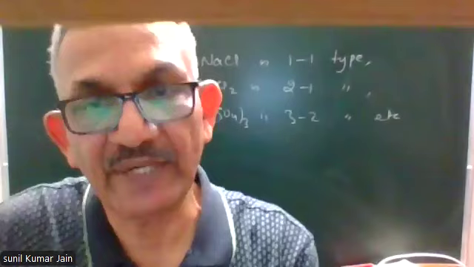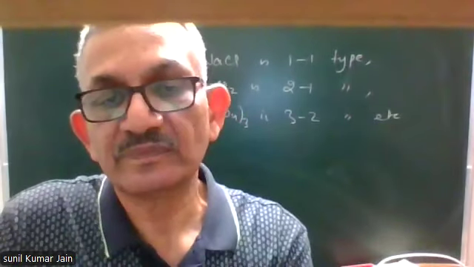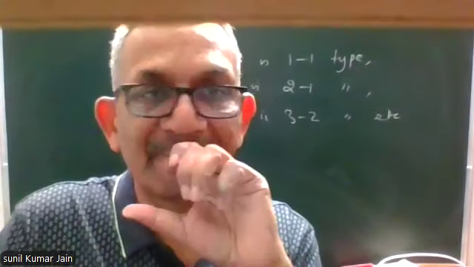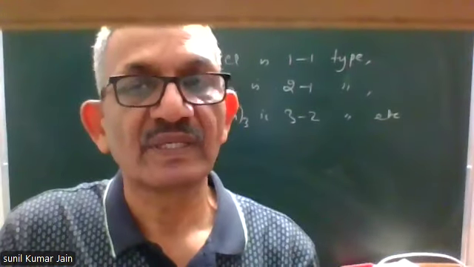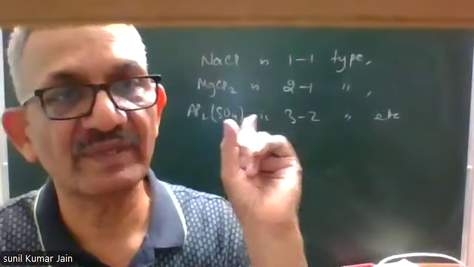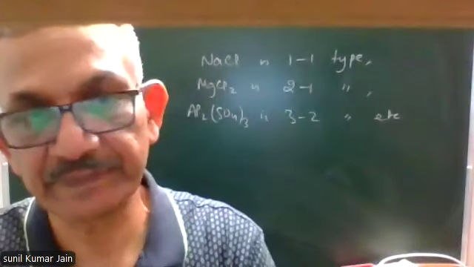Right? Further write down. All electrolytes of the same type have the same value of A. The value of constant A will be the same for all electrolytes of the same type.